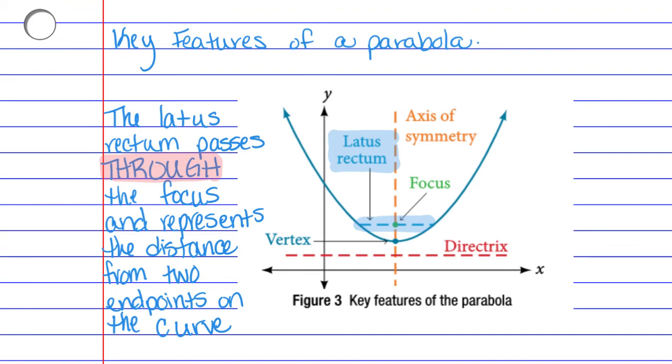That latus rectum is going to be from the focus to the endpoint. From the focus to the parabola is going to be twice the distance as from the focus to the vertex. Remember that the distance was represented by the variable p.